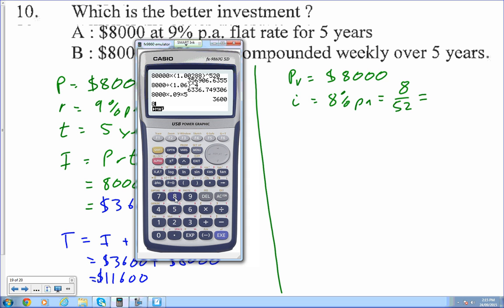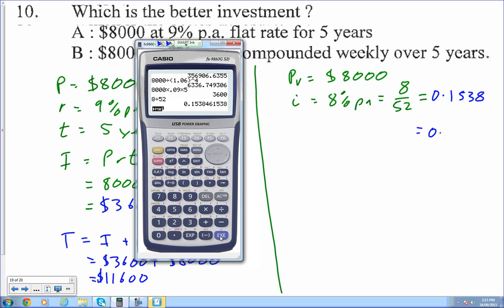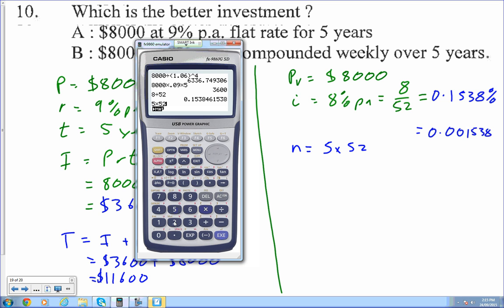So 8 divided by 52 is 0.1538. So that's going to be 0.0, that's percent. So 0.001538 as my multiplier. And my periods equals 5 times by 52. Calculator, 5 times 52 is 260 periods.